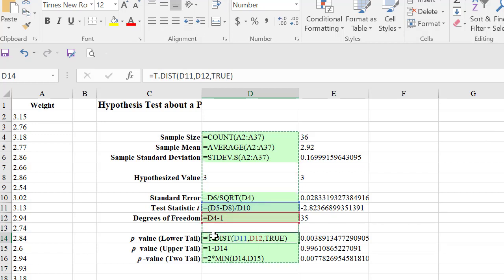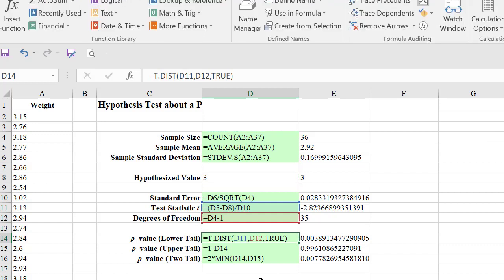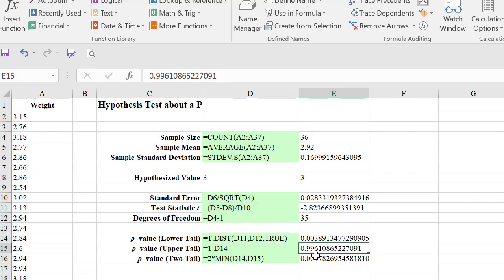And the third parameter is the value if you want just a single value or if it needs to be cumulative. This returns the p-value for the lower tail, which is this amount. If we want to know what the p-value for the upper tail is, we just subtract this amount from 1, which gives us this.